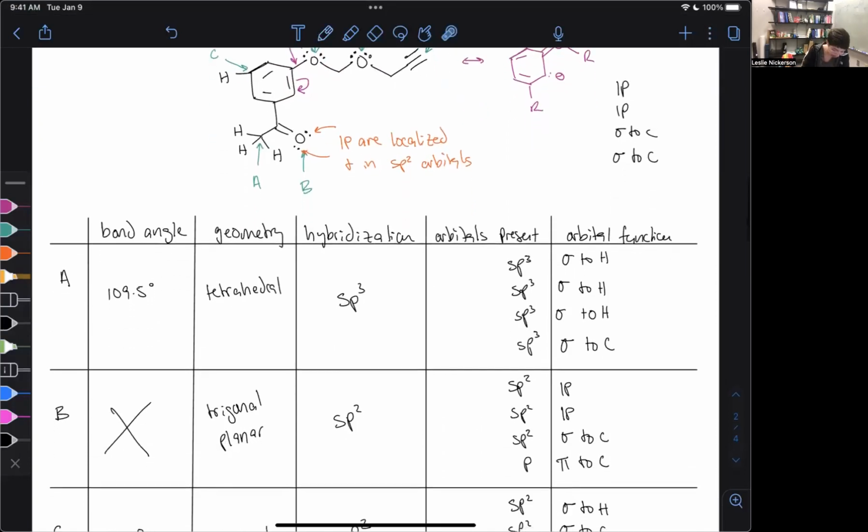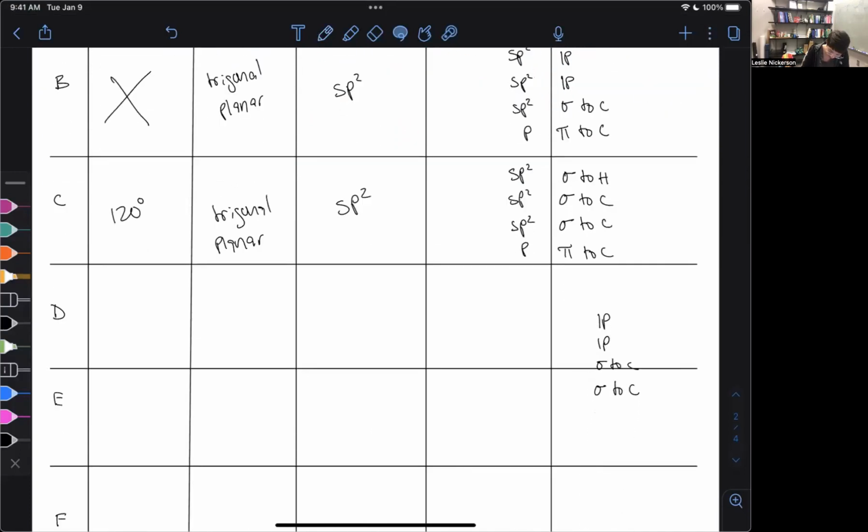Okay, so that means that when we go ahead and put our stuff in here, oh, I've really skipped some stuff. Yeah, we're just gonna catch up on this table. So that means we need to do a little bit of shuffling here. Okay, so that has one of our lone pairs in that p orbital, so that this lone pair is delocalized.